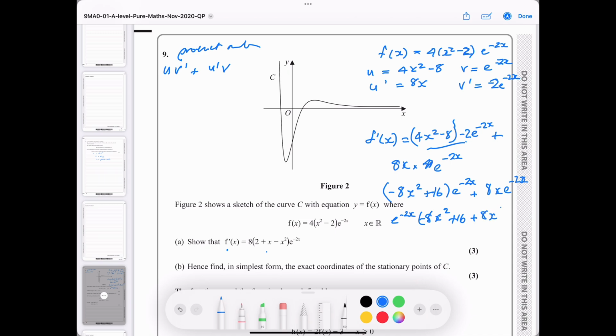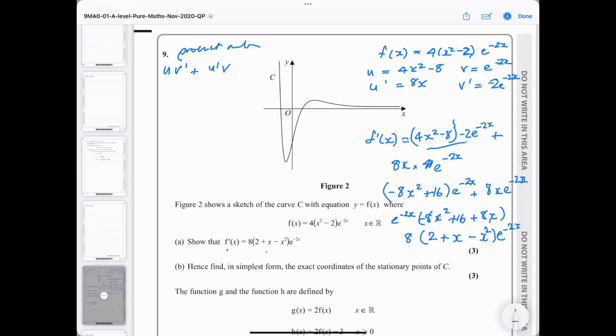Oh, this is looking considerably more like that. And then we'll take e to the minus 2x out the back, and we'll take 8 out the front. And then that leaves us with 2 plus x minus x squared.